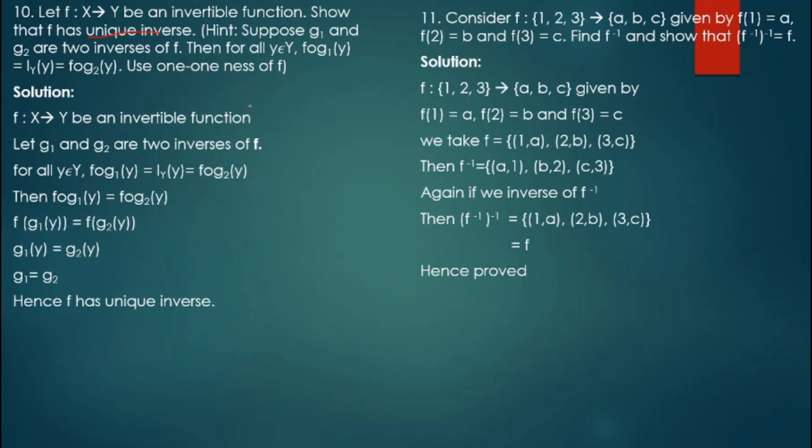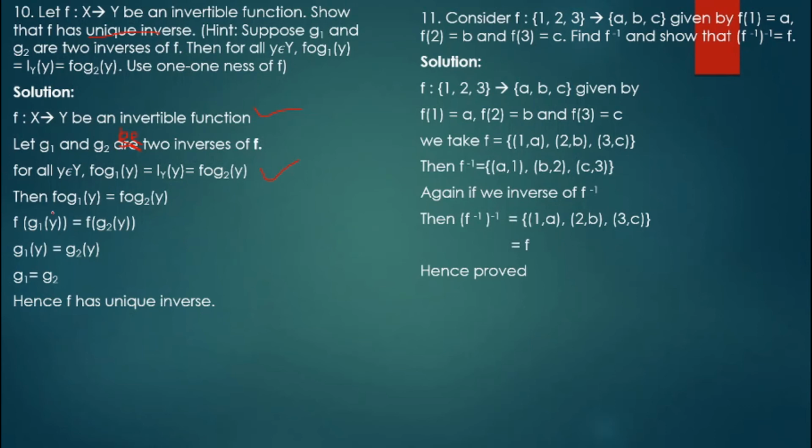So as we wrote the given, then from the hint we write: let g1 and g2 be two inverses of f, and then for all y belongs to Y, f of g1 of y equal to I_Y of y equal to f of g2 of y. It's from the hint, we are not writing from anywhere else.